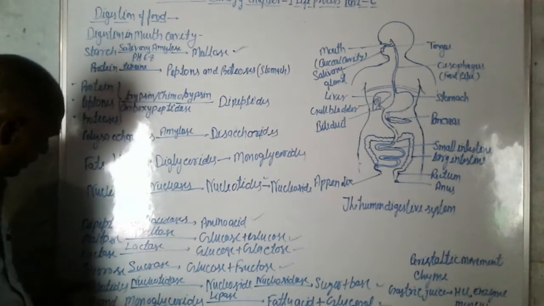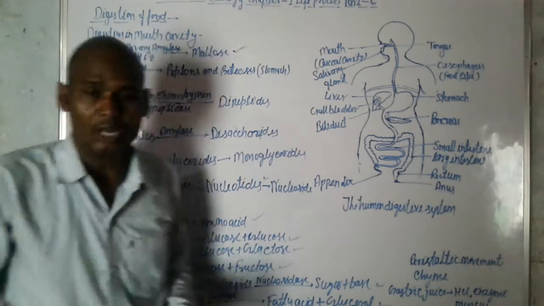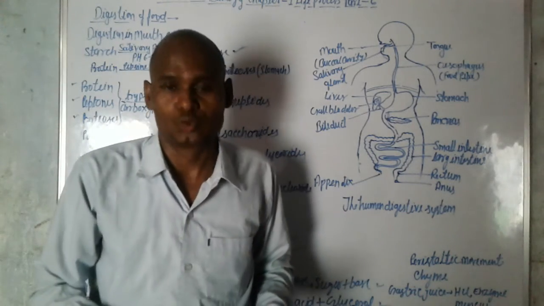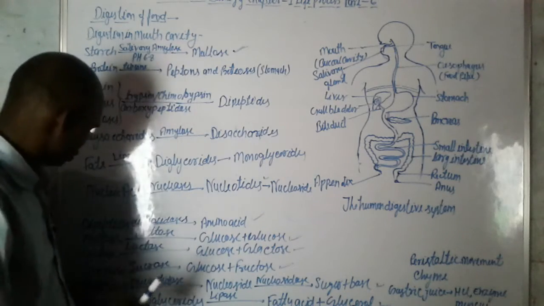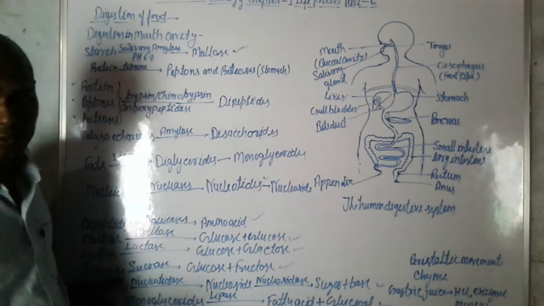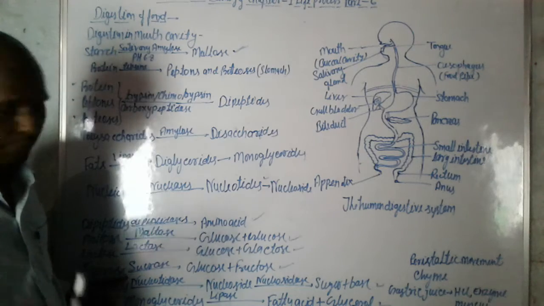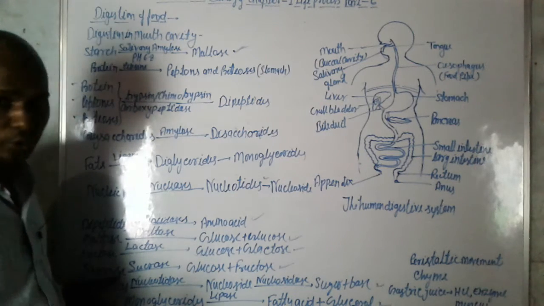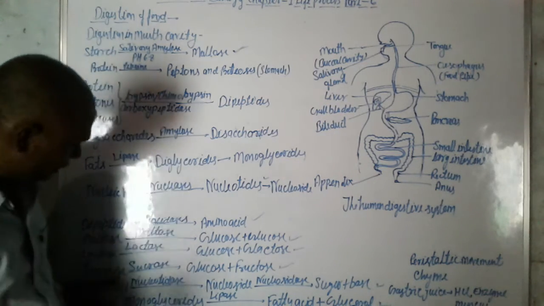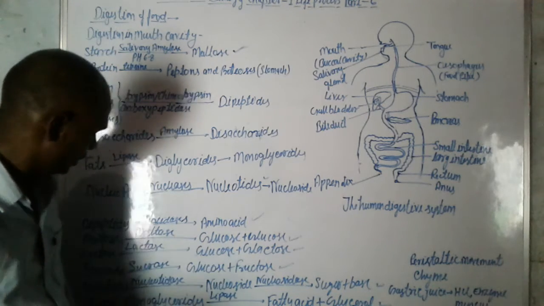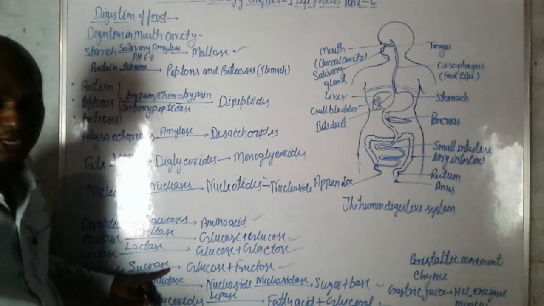And this is sucrose. We also take sugar and sugar cane, so sugar is present in our food. Sucrose is converted into glucose and fructose with the help of the sucrase enzyme.